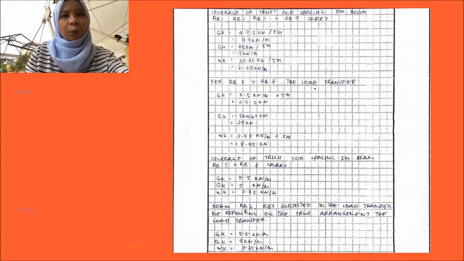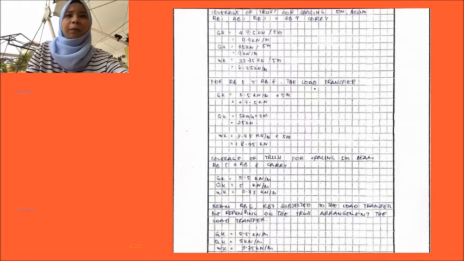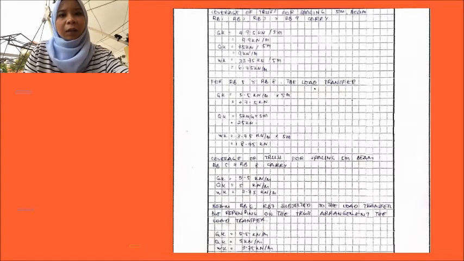For wind load, 3.75 kN per meter times 5 meter gives a total of 18.75 kN. For the coverage of truss with spacing 5 meter, roof beams 5 and 8 carry GK 5.5 kN per meter, QK 5 kN per meter, and WK 3.75 kN per meter.